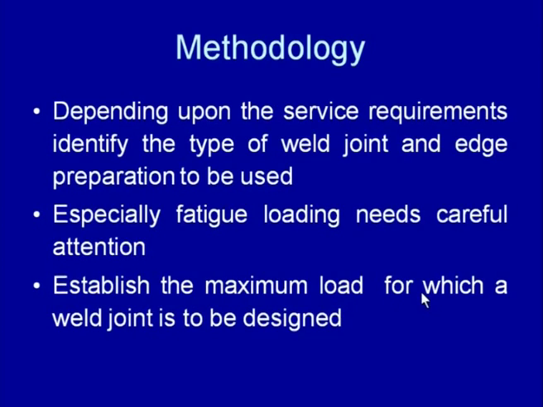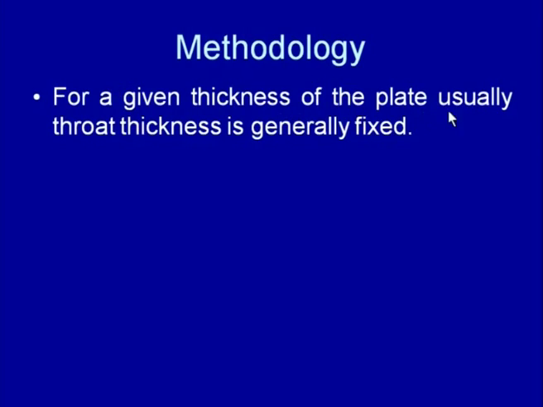After selecting the type of joint and edge preparation based on the service requirements, we will try to establish the maximum load for which the weld joint is to be designed. For a given plate thickness, usually the throat thickness is fixed.